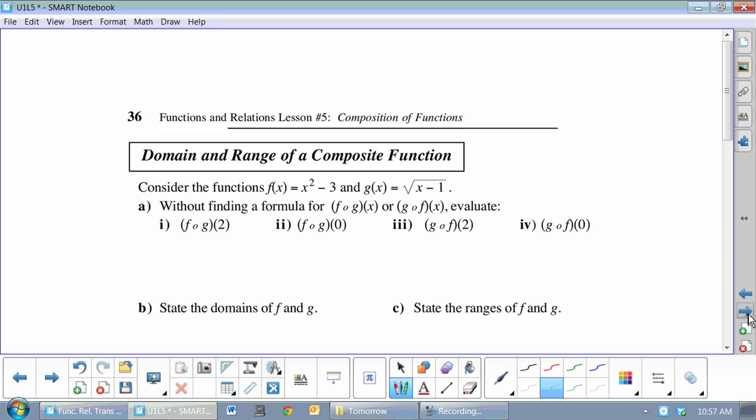Inside where? It is going to be the x, but where would I put that 2 right now? In the g of x. Okay? So, this would be f of square root of 2 minus 1.